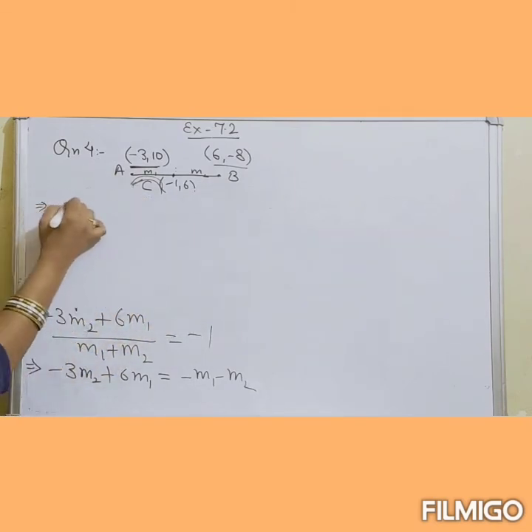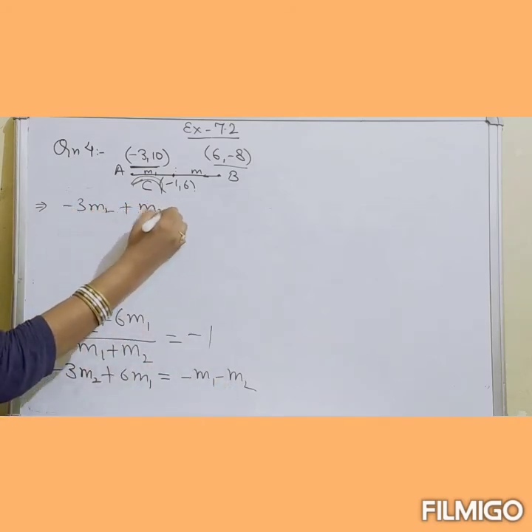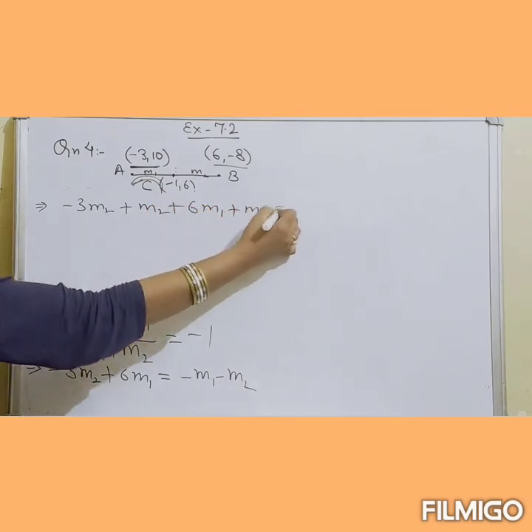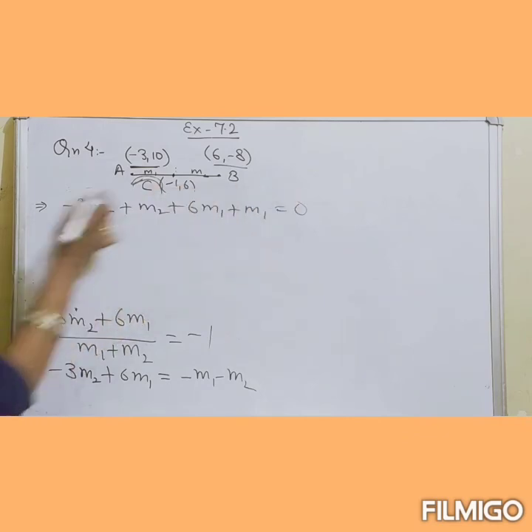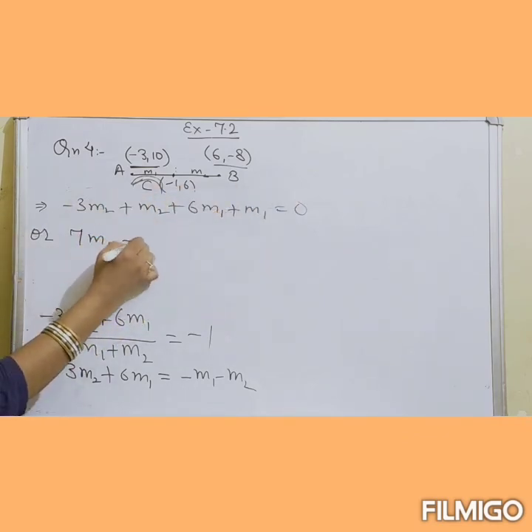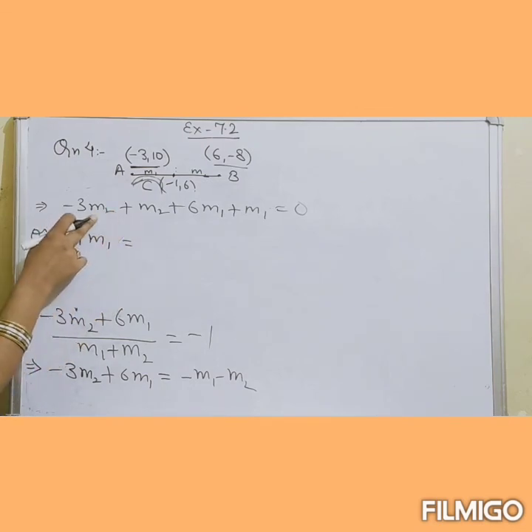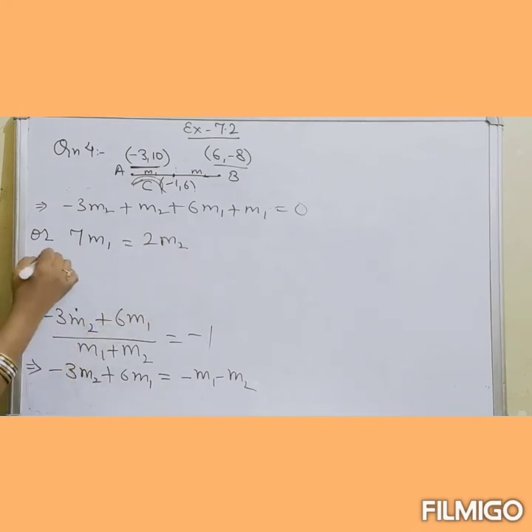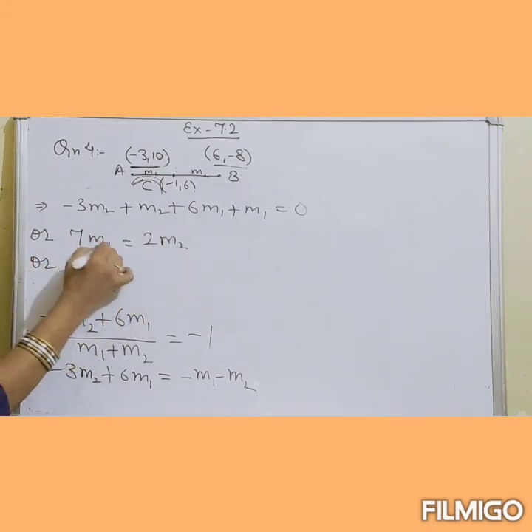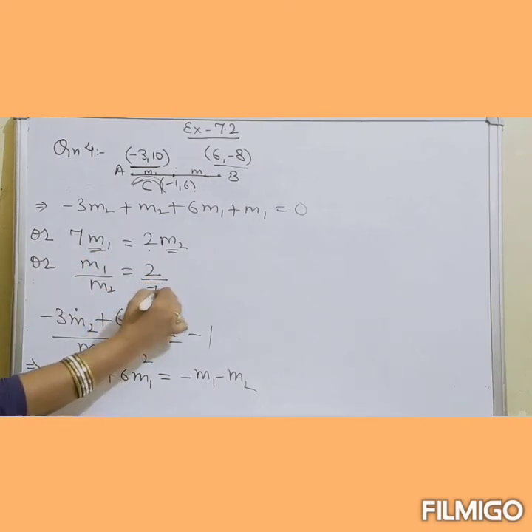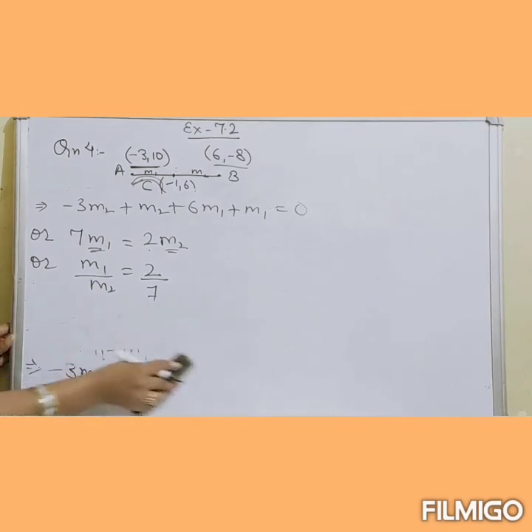I'll get minus 3 m2 plus m2 plus 6 m1 plus m1 equal to 0, or we can write it as 6 m1 plus m1 is 7 m1 and minus 3 m2 plus m2 is minus 2 m2, and if I take that on the right hand side it will be 2 m2, or m1 upon m2 is 2 by 7. So m1 upon m2 is 2 by 7.